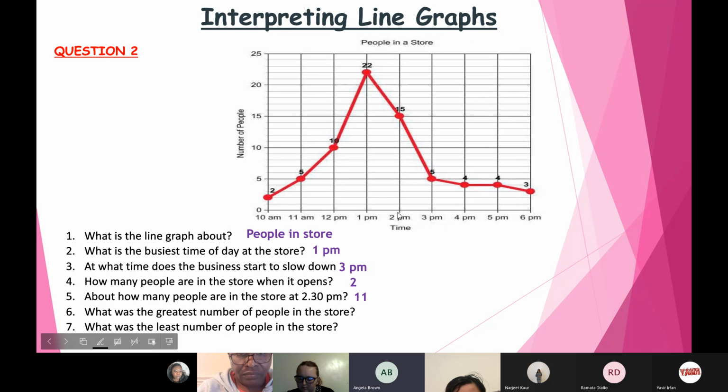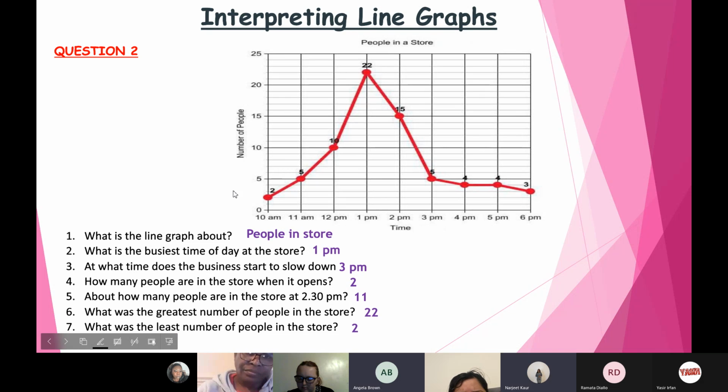So between 10 and 11, so at 2:30, it's about 10 or 11 people. So if you had 10, don't worry, you'd have got that right because it's approximate, with the lines being quite big. What was the greatest number of people in the store? We could see that at 1 p.m. it was 22. And what was the least number of people in the store? 2.